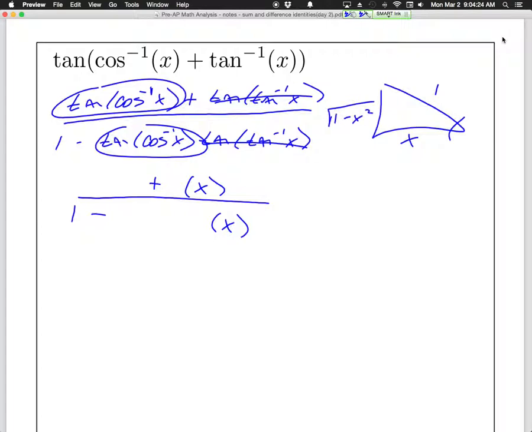So that means the opposite side has to be the square root of 1 minus x squared. Now I want tangent of that triangle. Opposite over adjacent: square root of 1 minus x squared over x.